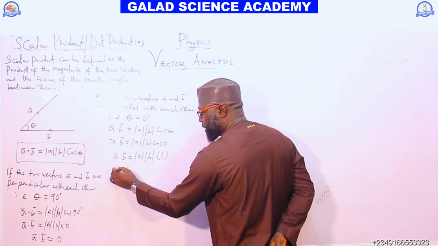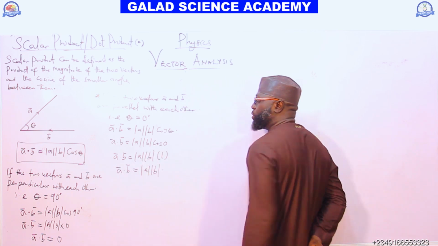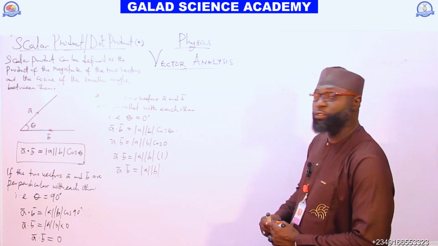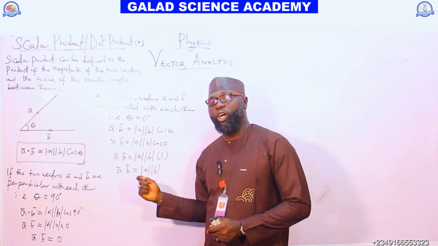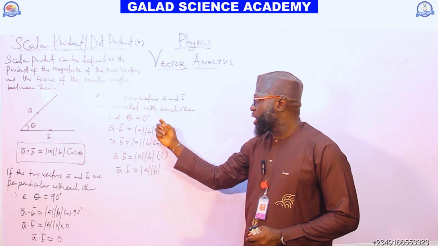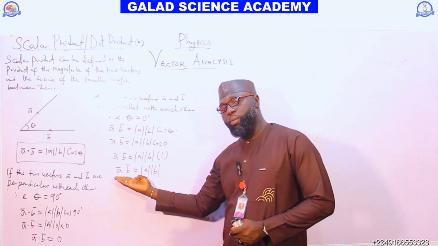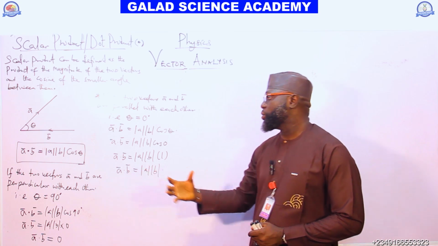So A dot B will give you the maximum value. If two vectors A and B are parallel, the angle between them is 0 and it gives you the maximum scalar product value.